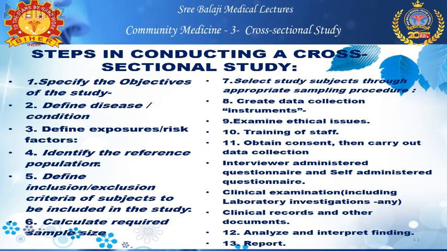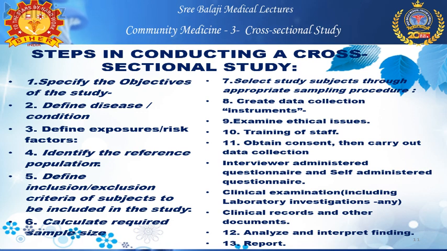So clearly, I have mentioned in the title itself, my inclusion criteria will be children less than 5 years of age. Exclusion criteria would be those children who are severely ill, terminally ill, and mentally retarded. This inclusion criteria and exclusion criteria will keep changing depending upon the study topic that we do.